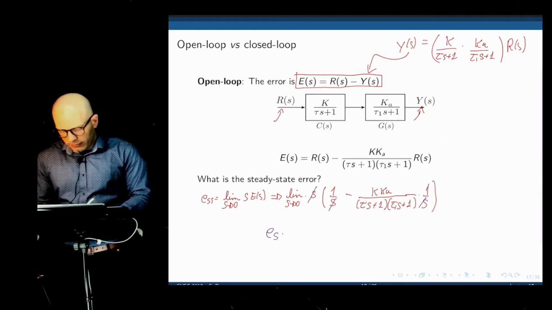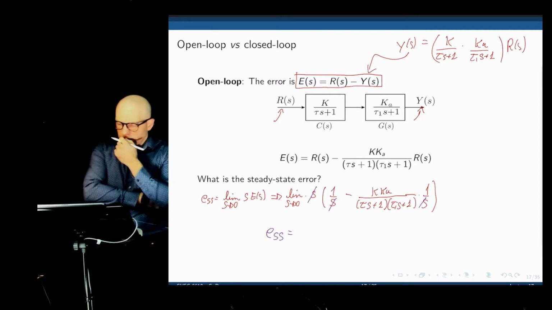And what is the final value here for the error when S tends to 0?